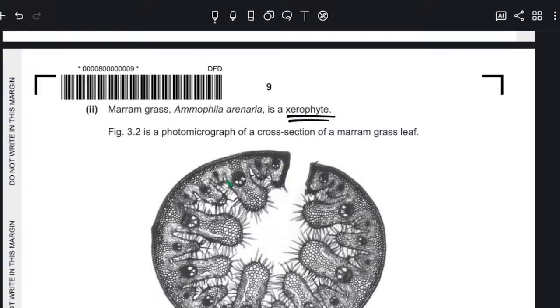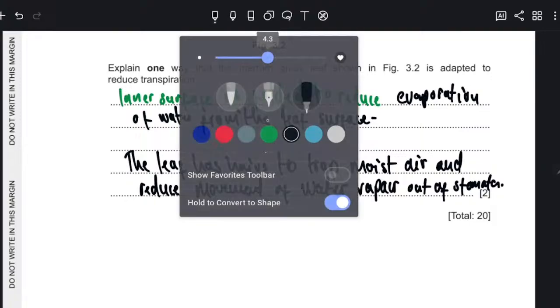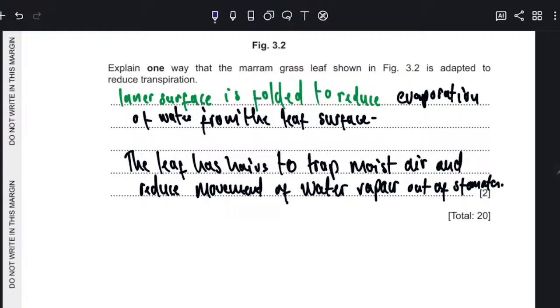And also, since it's a zero fight, you can look at this outer layer called the waxy cuticle, and you can say it's thick to reduce water loss by evaporation. You can also say that. We know that, so you don't even need to look at the rule, you just write what you know about it.